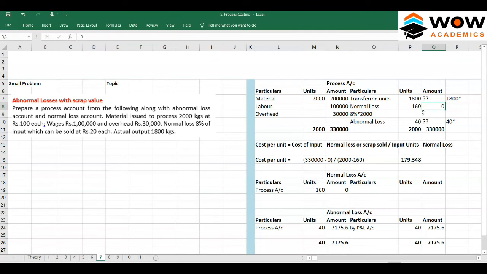But in this problem, we have a scrap value, and each unit could be sold for 20. So we'll get this here and put it here, and our answer would be 3,200. So we have something to deduct which we never had in the previous sums, and when we do that, our cost per unit will change. So our cost per unit is 177.6. We can use this number.